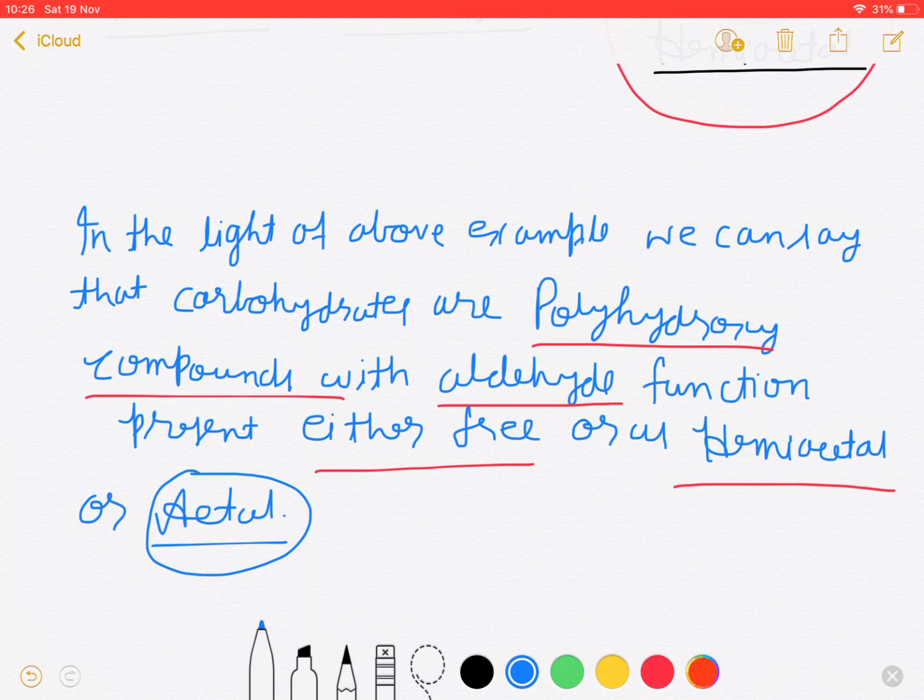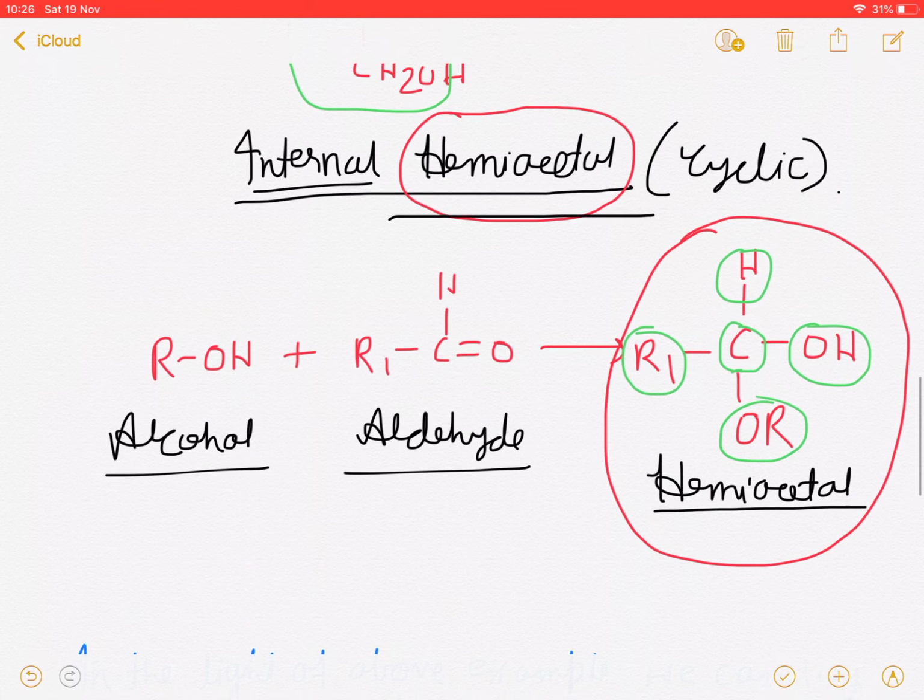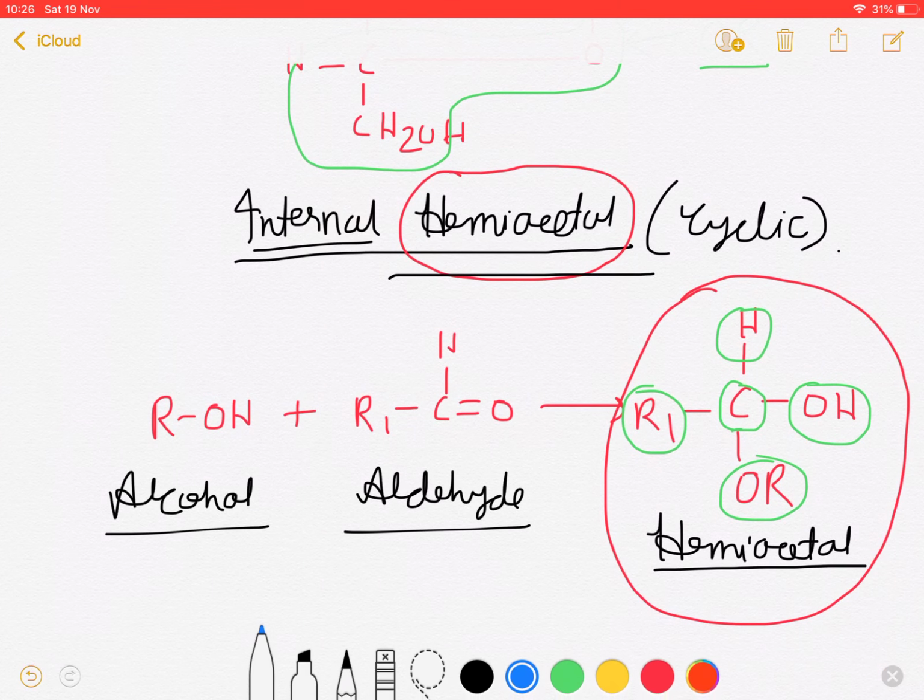So you will see what acetal is. When this particular hemiacetal reacts with alcohol, then the formation of acetal takes place.